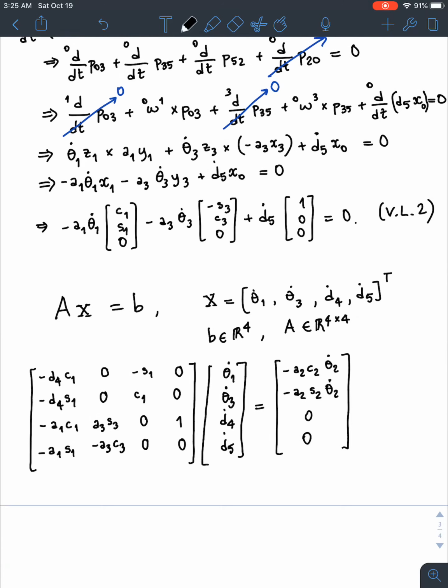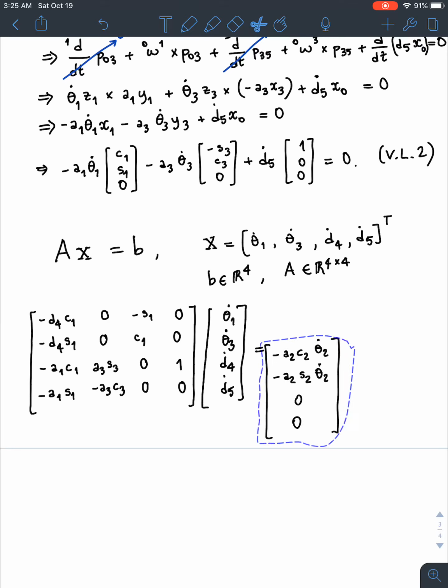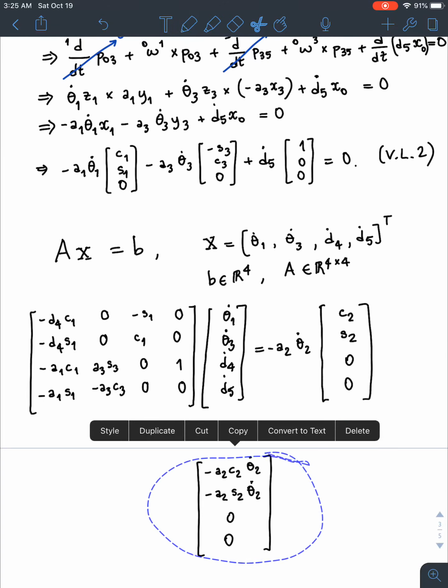So let me simplify this equation. Instead of writing it this way, I can write a2 theta 2 dot here, and then this vector is going to be, actually I can even put the minus over there, cosine theta 2, sine theta 2, 0 and 0, and I can get rid of this.